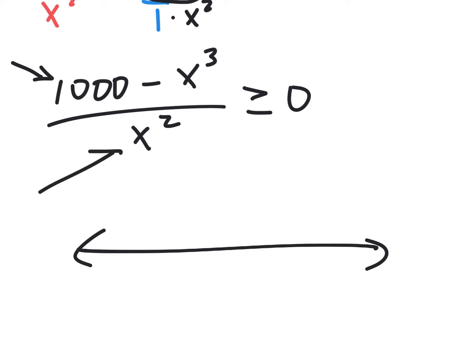And what makes the bottom 0? Because those make the vertical asymptotes. So what makes the top 0? What makes the bottom 0? And we put them on this number line. And then we'll have to test. And then we'll figure out what the domain for x is. It'll tell us that x has to be between this and this.